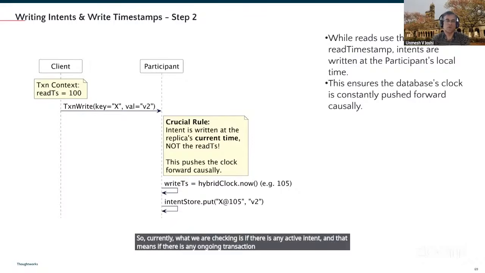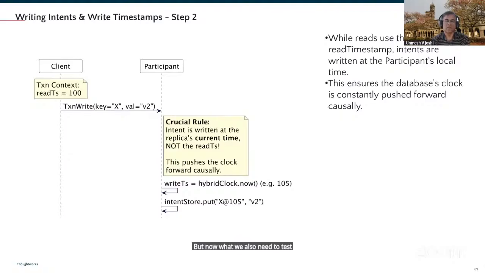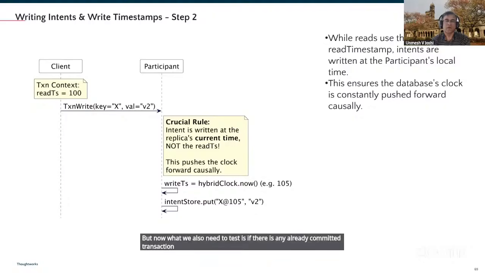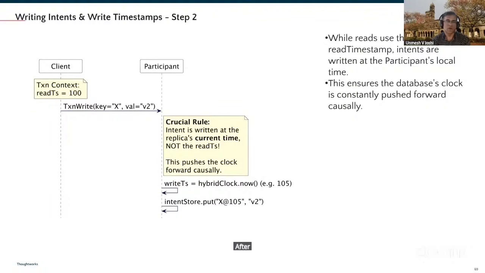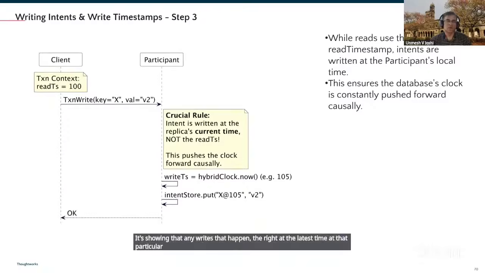But now what we also need to test is if there is any already committed transaction after our transaction started, that is, after the read timestamp of our transaction. Now, what the diagram is showing is not that rule, but that any writes that happen write at the latest time at that particular participant.